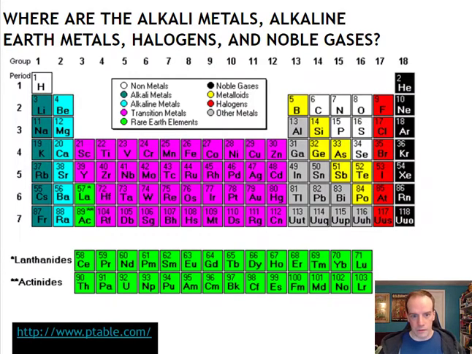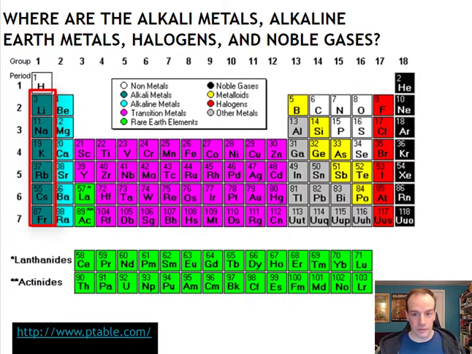Now, the next thing to know about the periodic table is the table itself as a whole. So we learned about the parts of what each one of these is. Now let's look at the whole thing. So each one of these different colored sections has a name. And they're named different things because they have different general properties. For instance, the alkali metals, which are in that first column, the first family, those all have high reactivity.